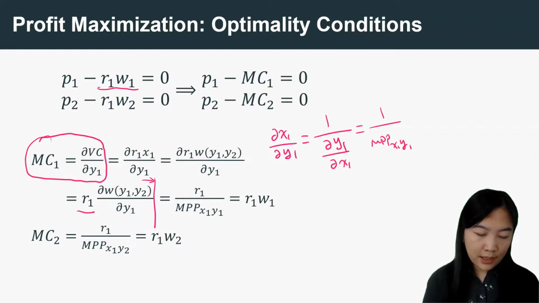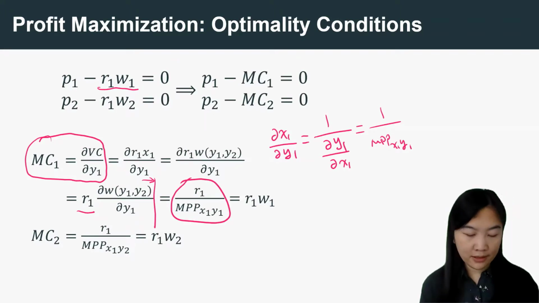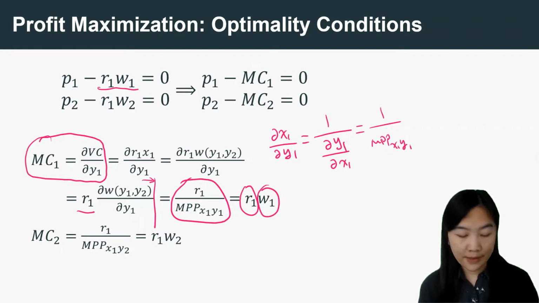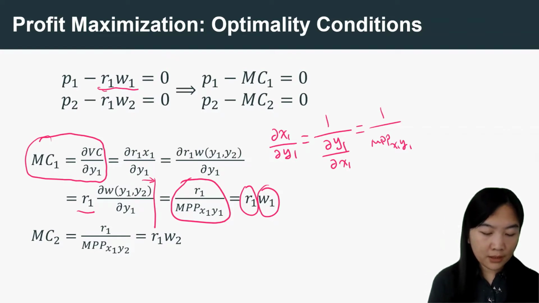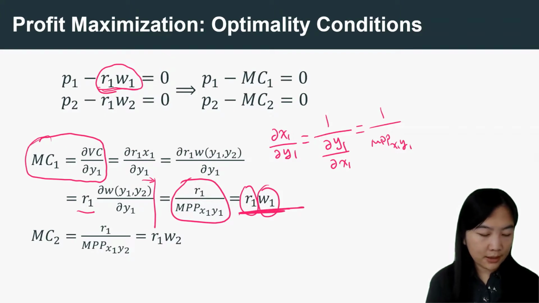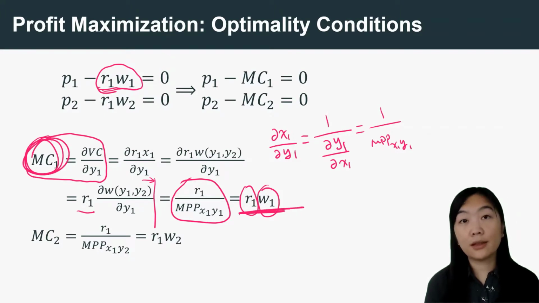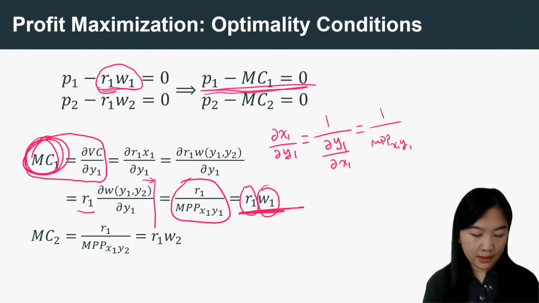Then this one we are familiar with, and this is just R1 times W1. So we derived from here that R1 W1 on the right-hand side is equal to MC1 on the left-hand side. So that ended up becoming this condition.